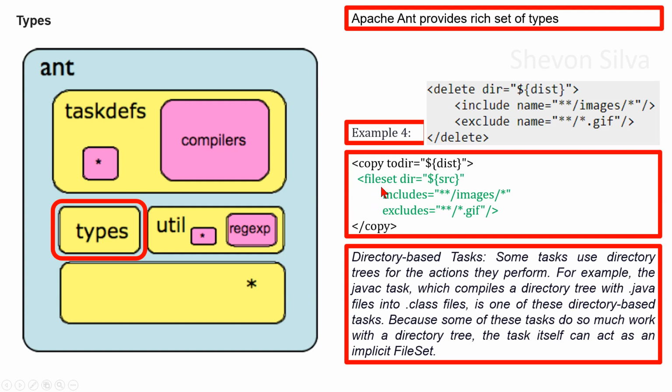Here this copies all the files in directories called images that are located in the directory tree defined by ${src}, to the destination directory defined by ${dist}, but excludes all *.gif files from the copy.